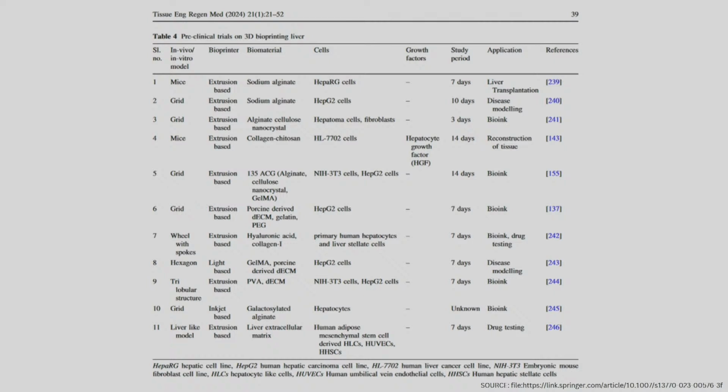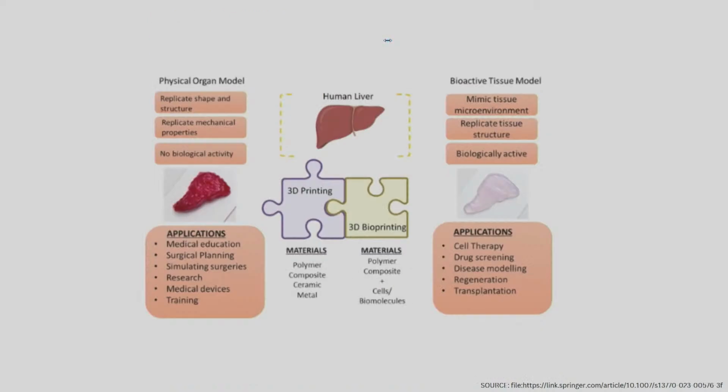Now, if you're looking at some novelty that you would want to bring through your research work, you can try a combination from this section for your reference, and then later on develop your inks separately as well. Now, there are two separate ways that you can look into 3D printing and bioprinting. One is just 3D printing without cells, and one is bioprinting, where you incorporate cells into it.